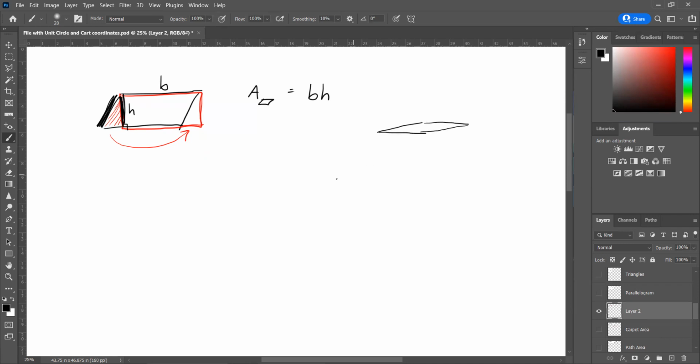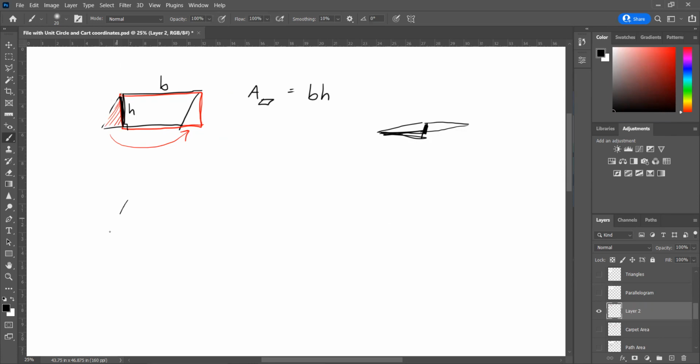Now that area is really small compared to what we had before. So it becomes really important to note that it's that height right there that we're multiplying by the base to get the area. So not so much the side there, but the height or the distance between the two parallel lines gives us the area of a parallelogram.